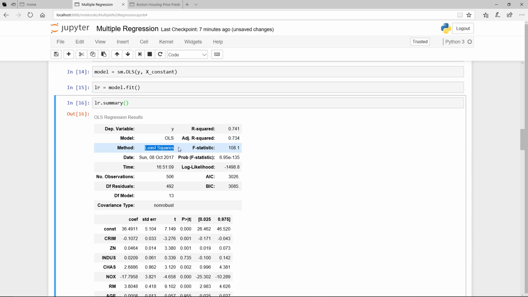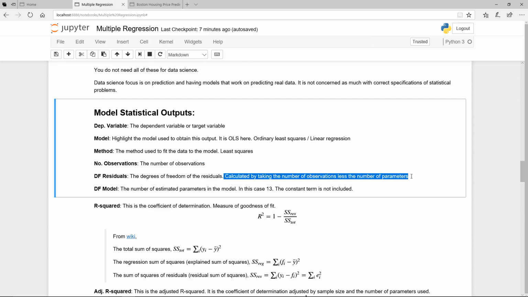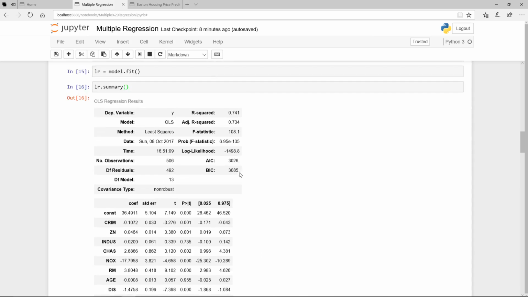The method of achieving the coefficient estimation is the least squares method, which is the standard method. The number of observations is printed out. The degrees of freedom of the residuals is calculated by taking the number of observations less the number of parameters used to estimate the model. And the degrees of freedom of the model really is the number of estimated parameters in the model.